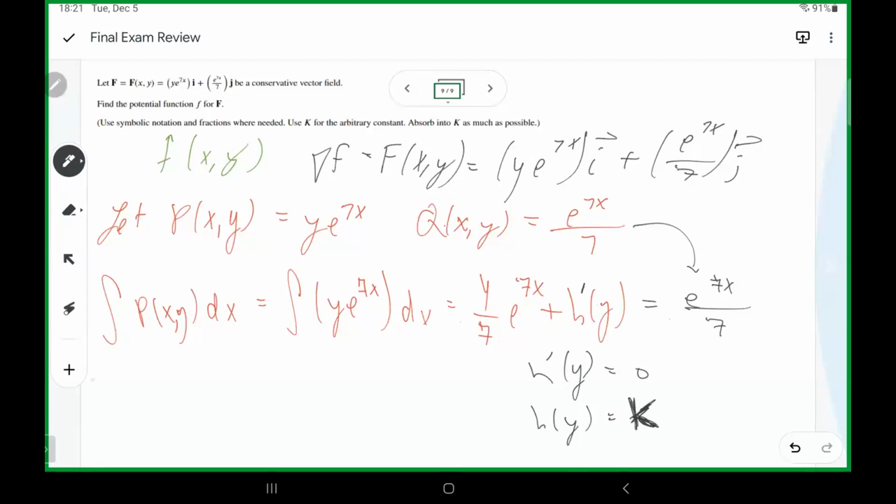So then we have f of x, y equals y over 7 e to the 7x plus k.